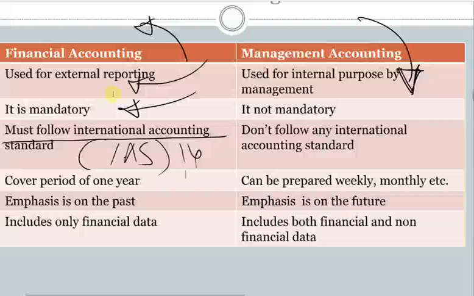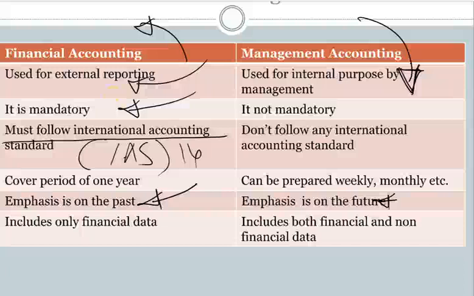The emphasis is on the past, because when you're talking about financial accounting or financial reports, we are talking about financial statements of things that have already happened, incomes that have come already, and expenses that have already been incurred. While when you're talking about management accounting, we'll be talking about to do with the future, right?